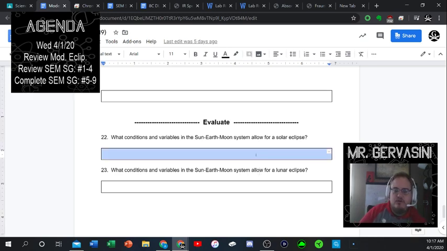To have the umbra fall on the earth. And in order to have this perfect alignment, you have to really emphasize that the tilt of the moon's orbit is at 0 degrees, and the moon is in a new moon phase. It's the only time you'll see the new moon. So I emphasized that yesterday.